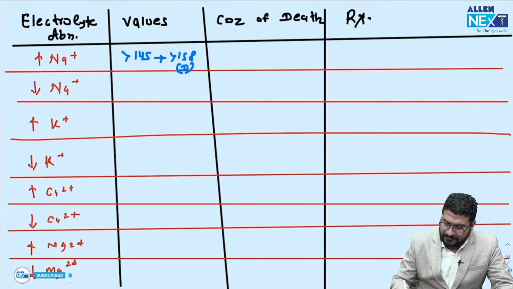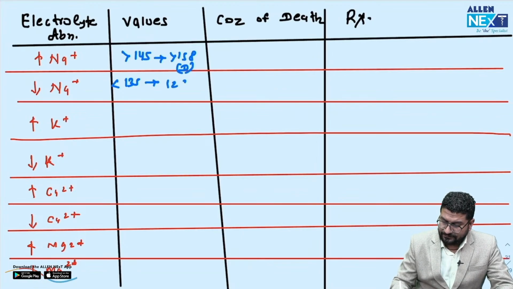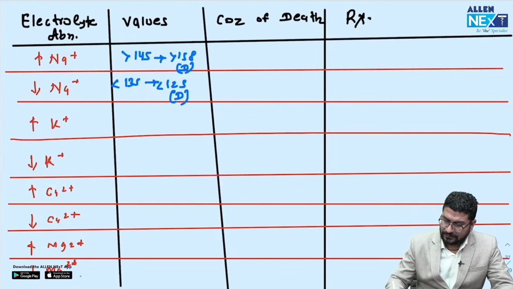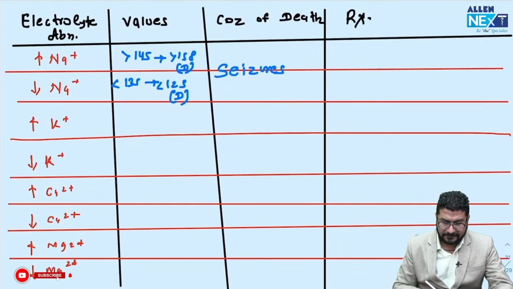Similarly, you define hyponatremia when values are less than 135, and when it is less than 125 we call this D, dangerous. In both hyper- and hyponatremia, the cause of death will be seizures. The patient will develop seizures, which means some CNS issue will occur.